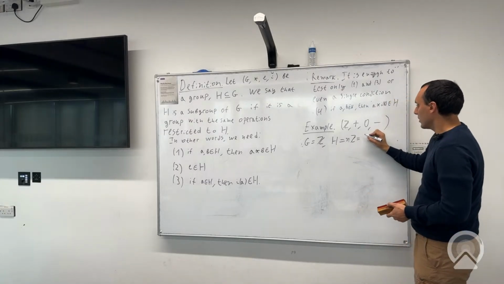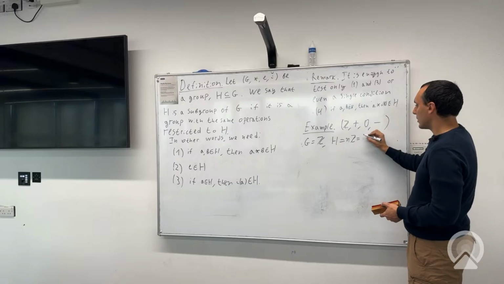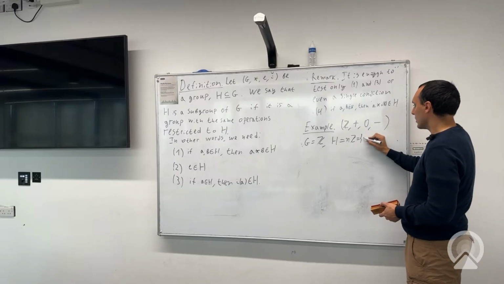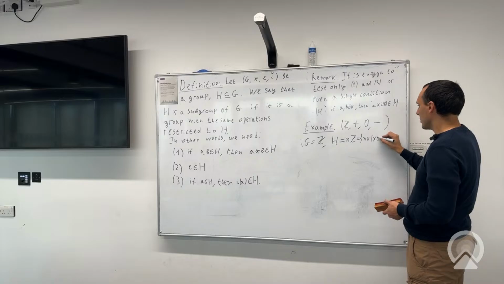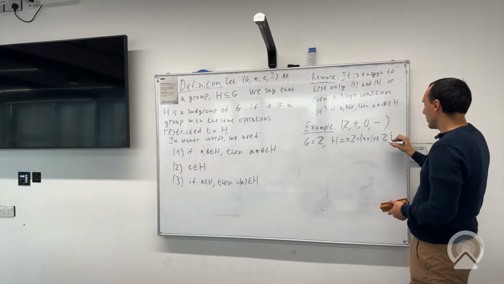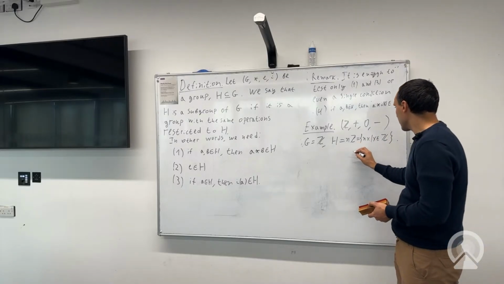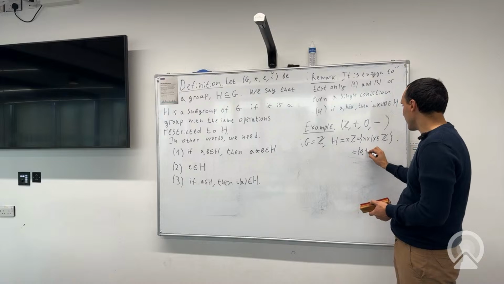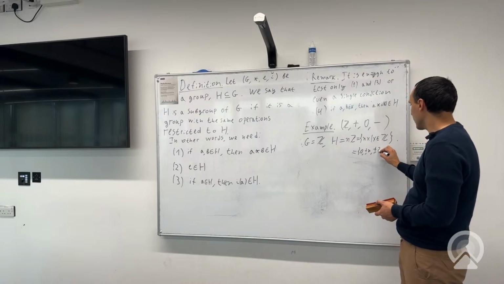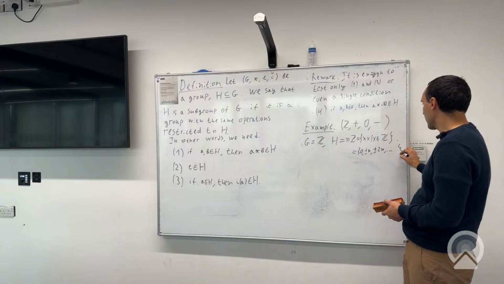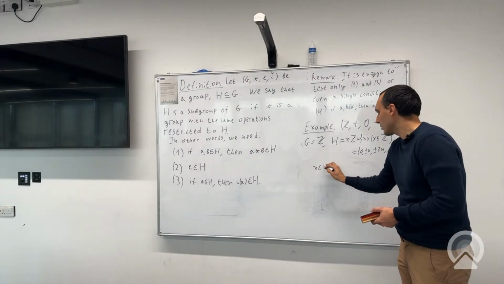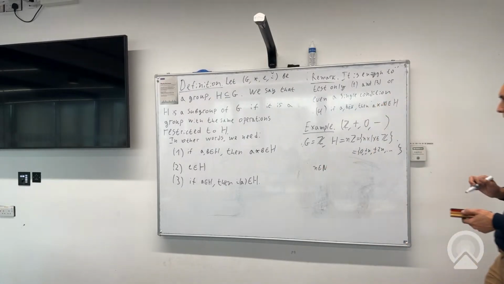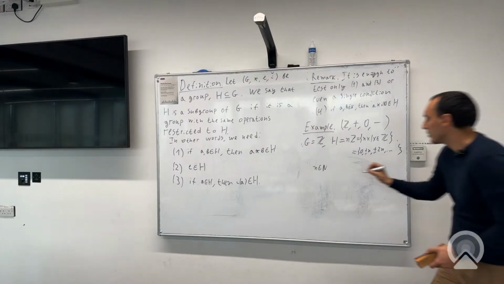This is the set of all multiples of n, the set of n times x, where x is in Z. Or this is like 0, plus minus n, plus minus 2n, and so on. Here n is a natural number, some n.